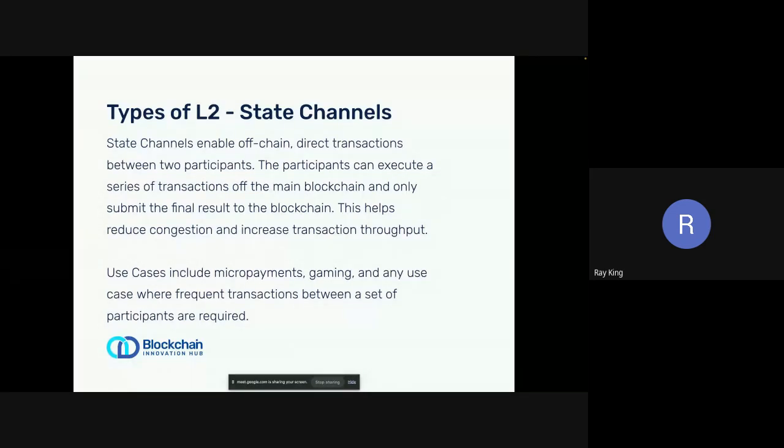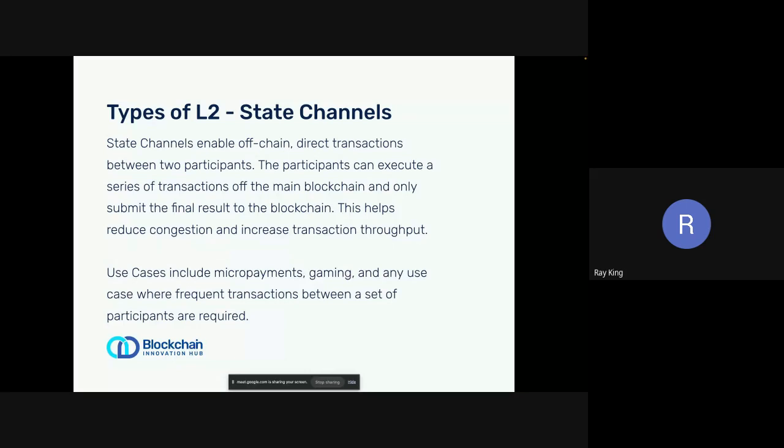Since there are thousands or millions of people trying to transact on Bitcoin, it is going to reduce the congestion on the blockchain. And because of the technology involved in the L2, since it's a solution built on top of the L1, it can also increase the transaction throughput of the blockchain. We also need to understand that it's between two participants, that is user A and user B.